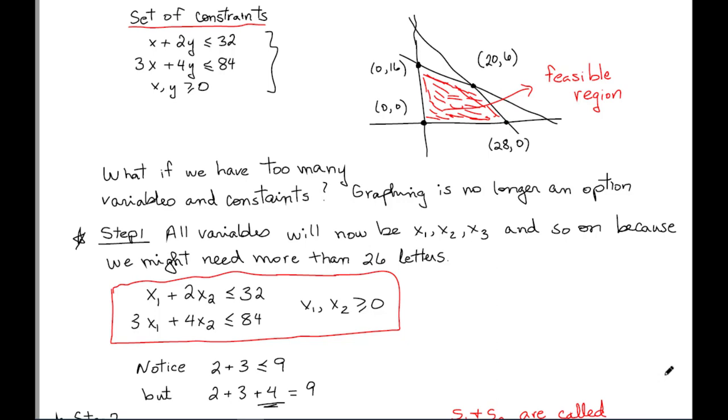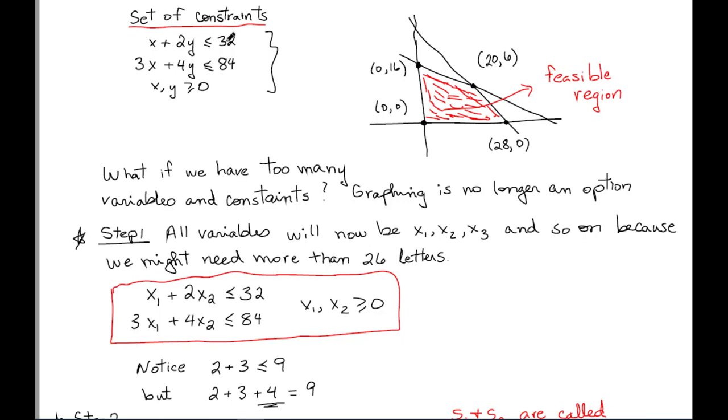Now in section 5.3, we saw situations like the following, where we had a set of constraints, an x and a y less than or equal to something, and then we had x and y greater than or equal to 0. This constraint basically said our solution was in quadrant 1.